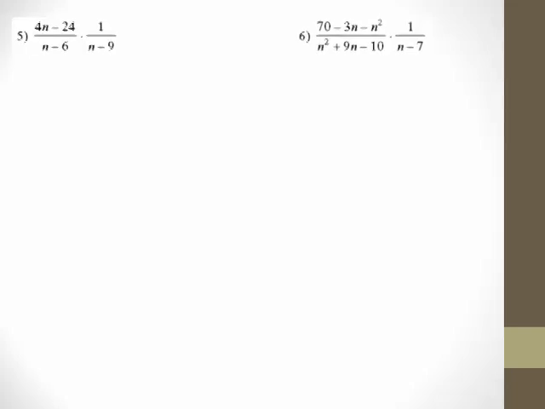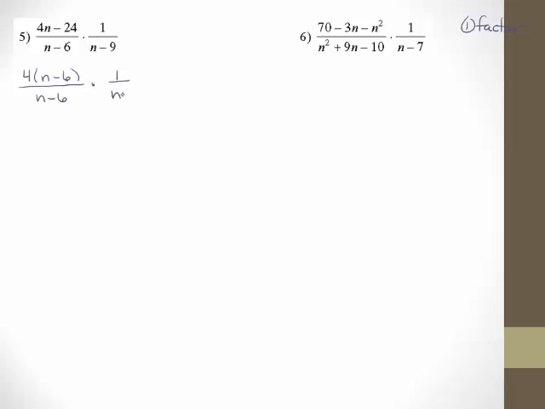In our last examples, everything was already factored for us. In these examples, we need to factor. So our first step will be to factor. Okay. 4n minus 24. 4 and 24 will both divide by 4. So I get n minus 6. 1 over 9, n minus 9, nothing factors out. n minus 6 cancels the n minus 6.